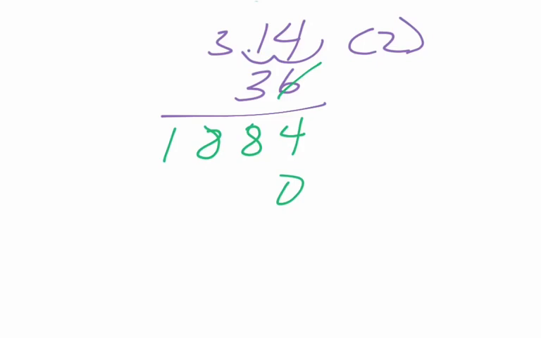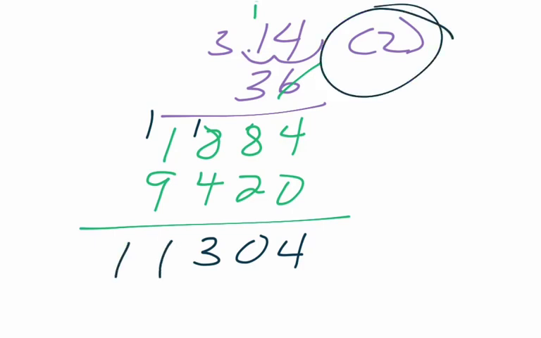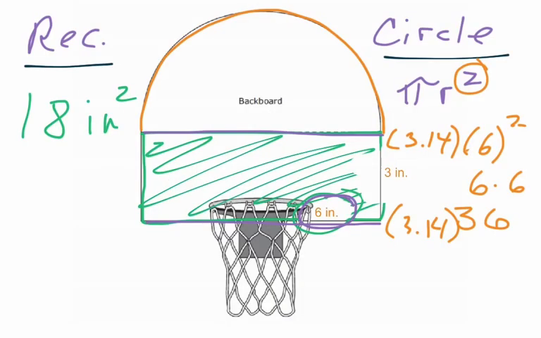I get 3 times 4 is 12, carry the 1. 3 times 1 is 3, plus 1 is 4, and then 3 times 3 is 9. When this is all said and done, I'm going to add it up. I'm going to get 4, 10 there, carry the 1. That'll give me 12, 13, carry the 1, and then 9, 10, 11. I need to come back my 2 spaces. So I'm looking like I have 113.04.